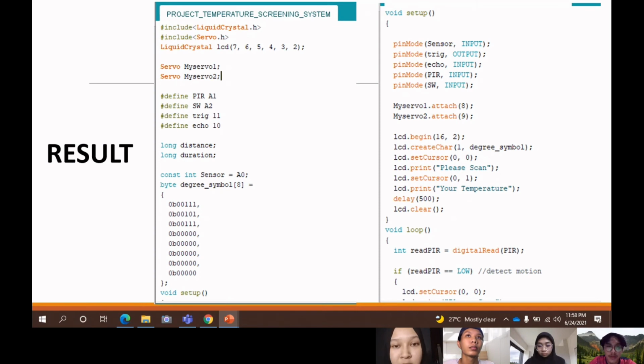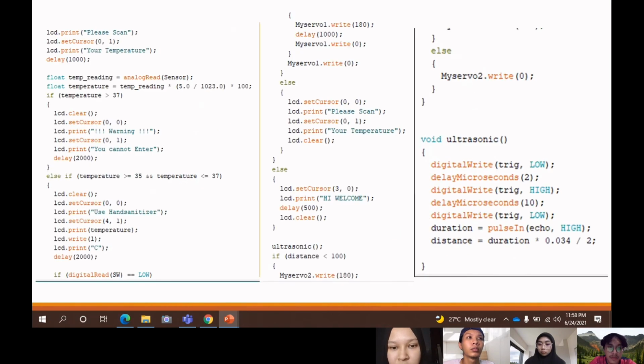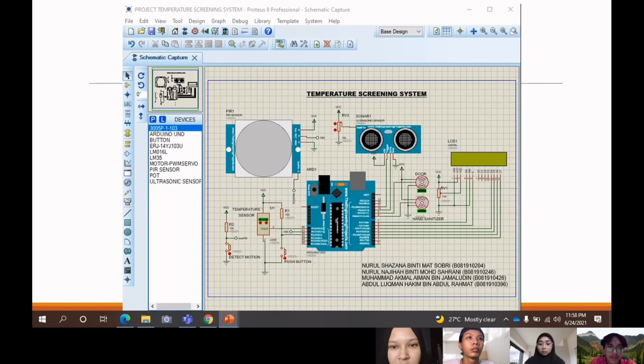Okay, this is our result for combination of coding. So we go to the next slide. Okay, actually this is all that we cover. So this is the whole simulation that we conduct.